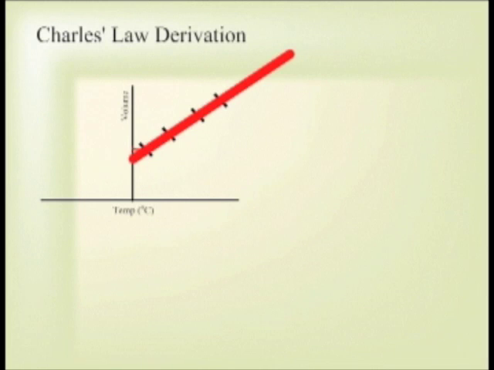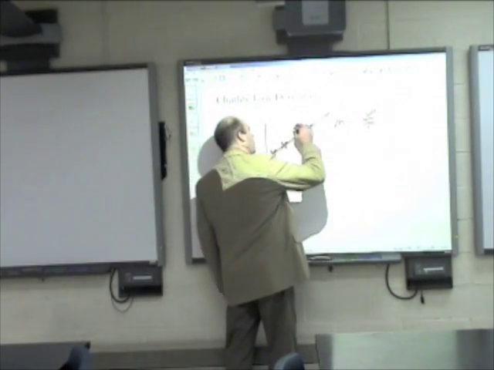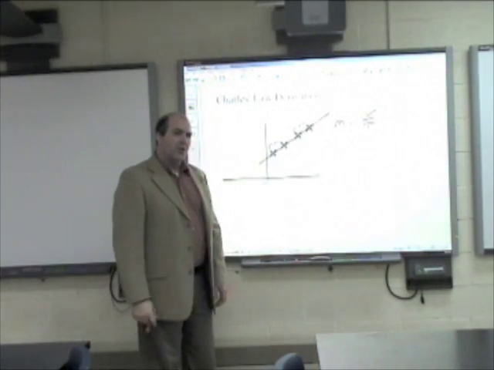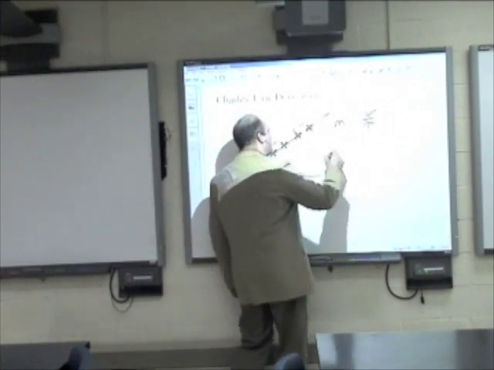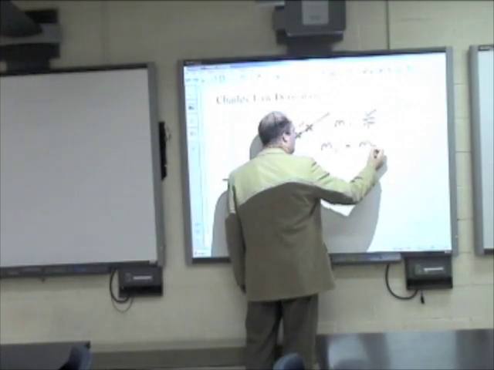So if we think about this for a second, slope would be rise over run, and so that would be volume over temperature. And since it's a straight line, it doesn't matter what 2 points I use, the slope is always going to be the same. So the slope for point 1 is going to be equal to the slope for point 2.